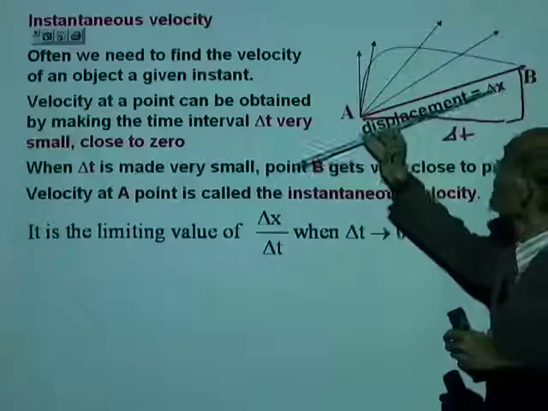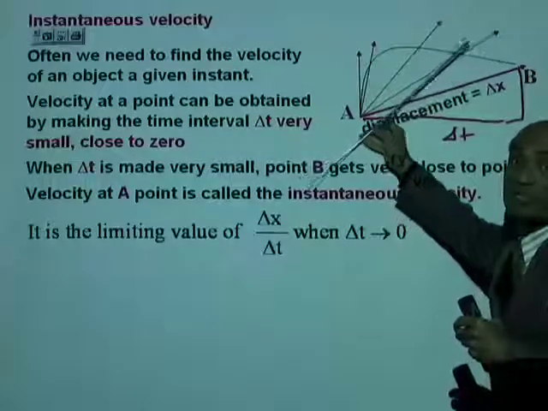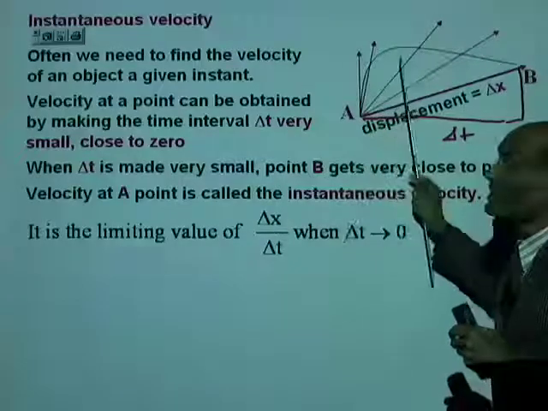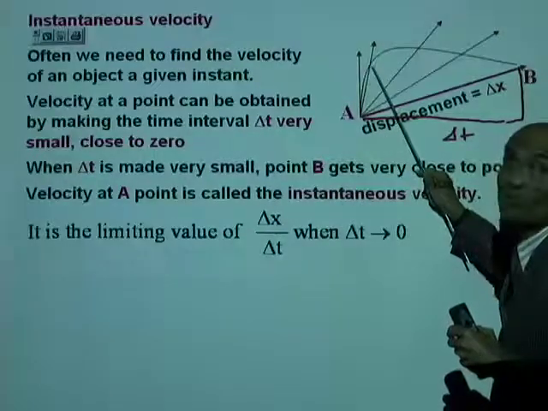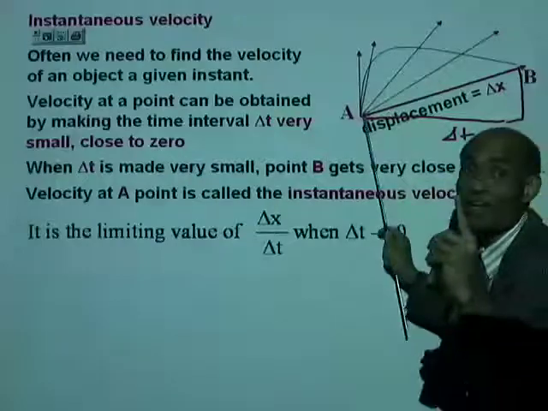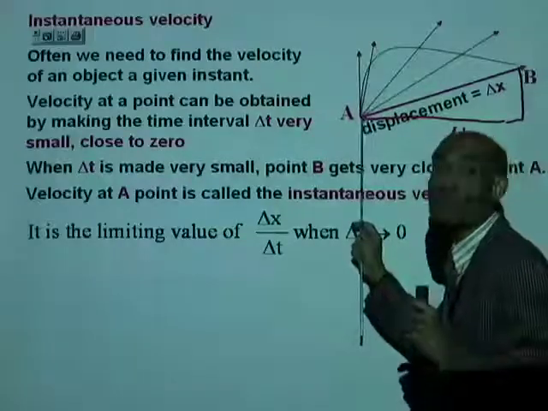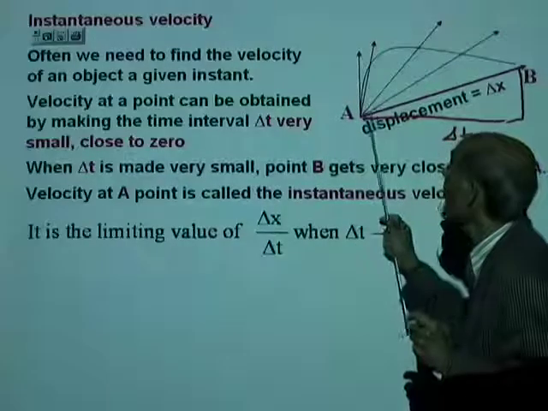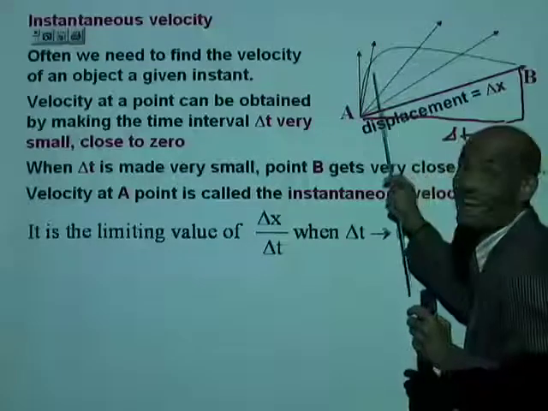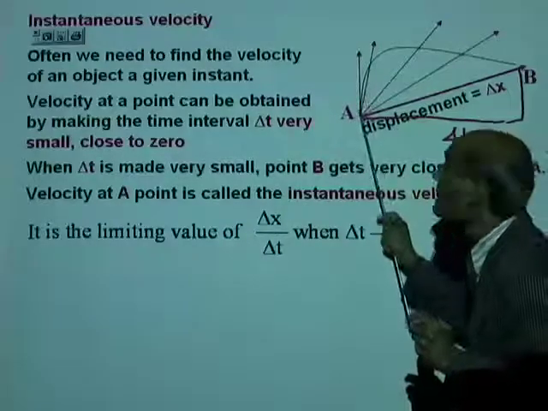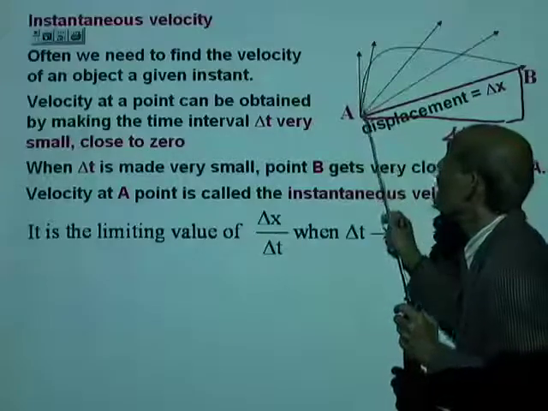So what are we doing? We are making the interval shorter and shorter. The average velocity during this interval is the slope of this line. And finally, when you come to point A, we don't have a secant line anymore. You can see all these are secant lines. At point A, we have a tangent line.